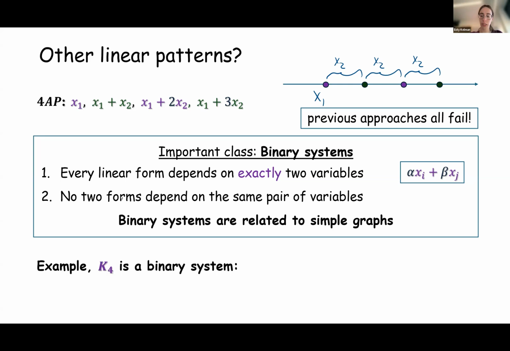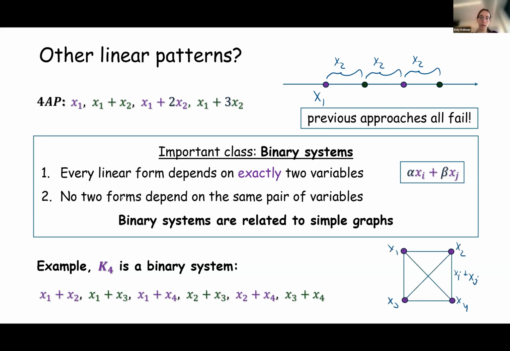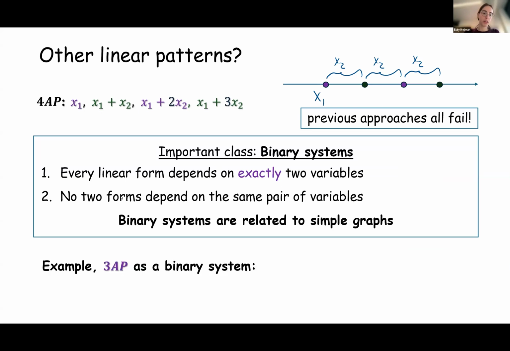For example, K4 is a binary system. We can see that every linear form contains exactly two variables and no two share more than one variable. The associated graph is, as we've seen, we put a vertex for every variable and an edge for any linear form that depends on the pair of variables. Another example is that 3AP is a binary system.